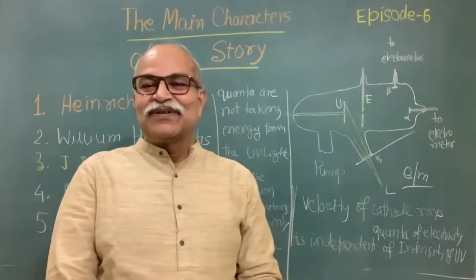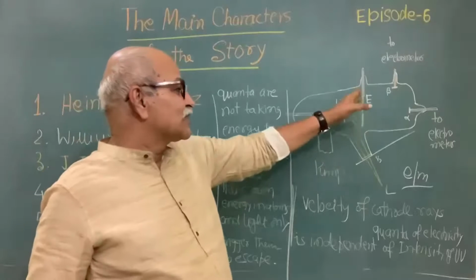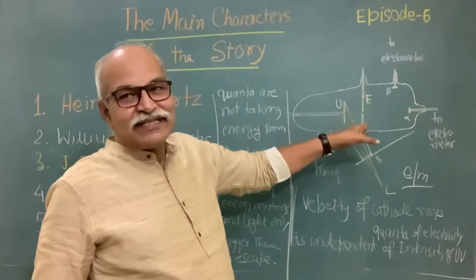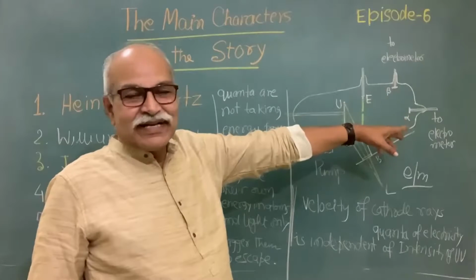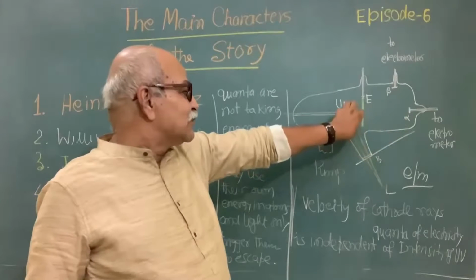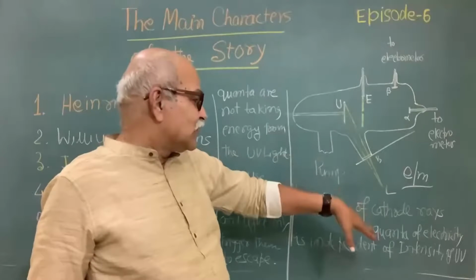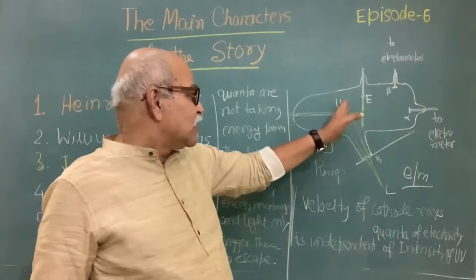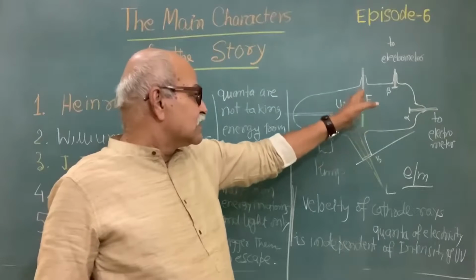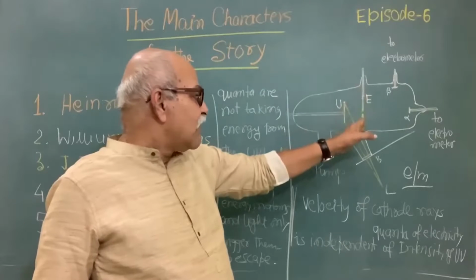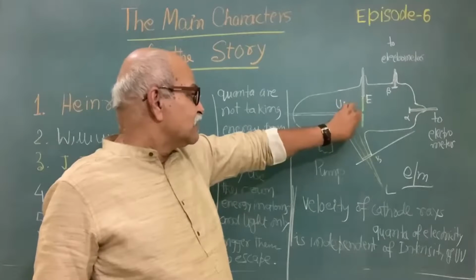Another observation is that if you increase this voltage, finally it goes to a saturation current. That is understandable, because once these quanta, or electrons, which we call electrons today, come out from here, if this potential is not high, then some of them will just make a charge here and they will stay here.